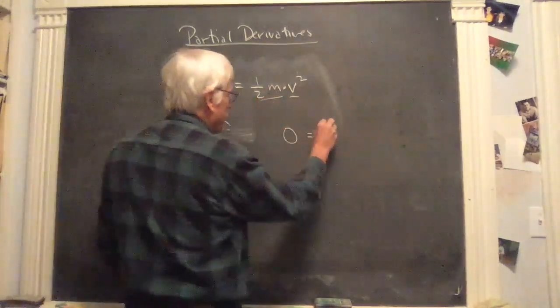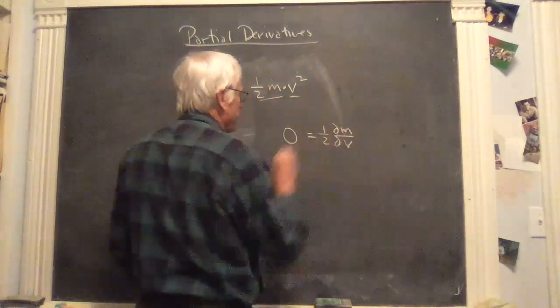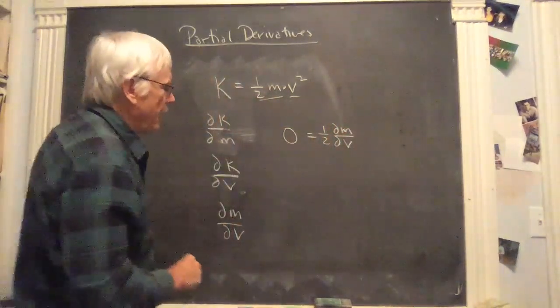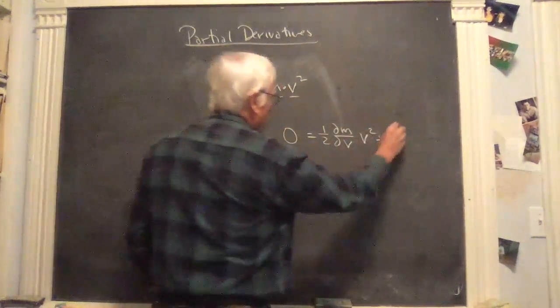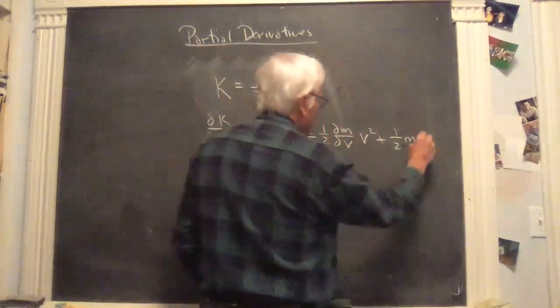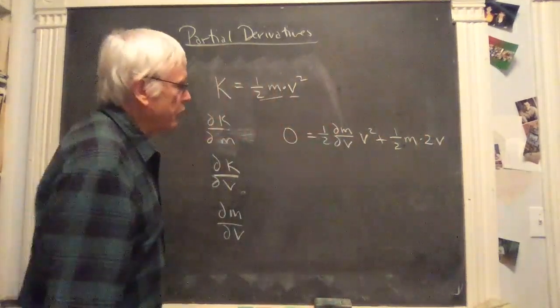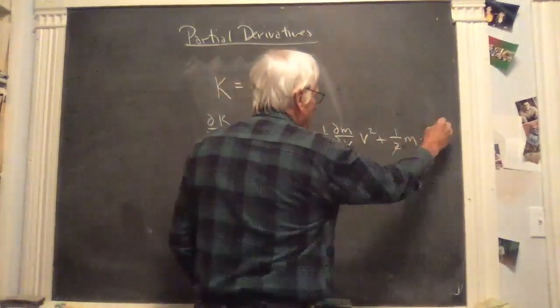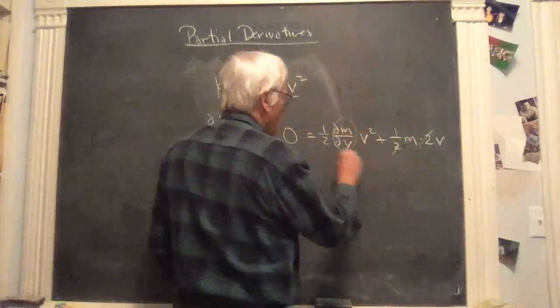The derivative of the first is 1/2 times what we're looking for, the derivative of m with respect to v, times the second, plus the first, 1/2 m, times the derivative of v squared, which is 2v. So this gives you an equation that you can solve for the quantity that you want.